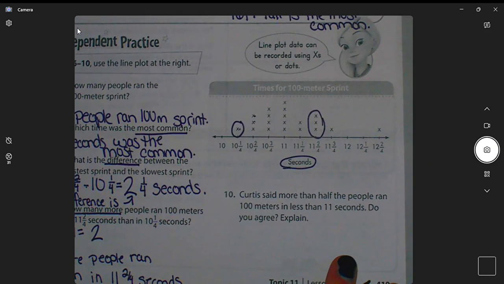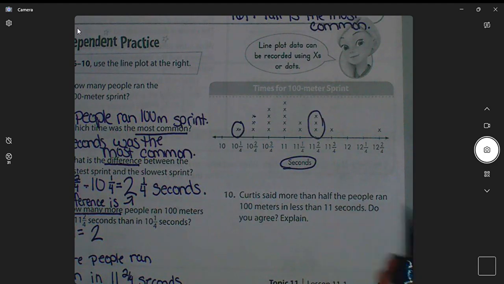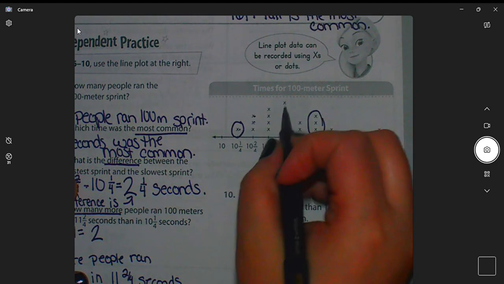Number 10. Curtis said more than half the people ran 100 meters in less than 11 seconds. Do you agree? So I'm saying more than half are less than 11.